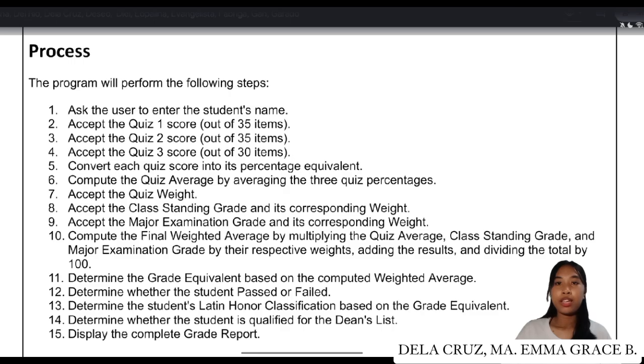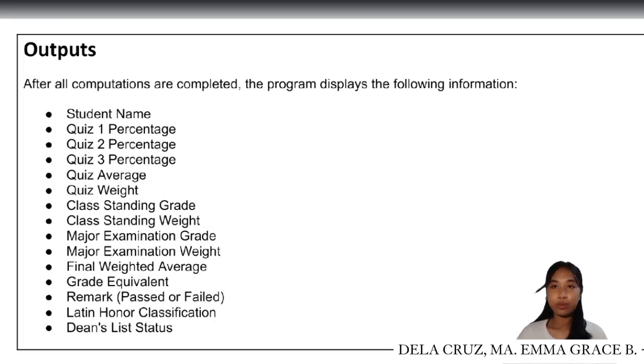After computing the weighted average, the program determines the student's grade equivalent based on the grading scale. It also determines whether the student passed or failed, identifies the corresponding Latin honor classification, and checks if the student qualifies for the dean's list. Lastly, the outputs.